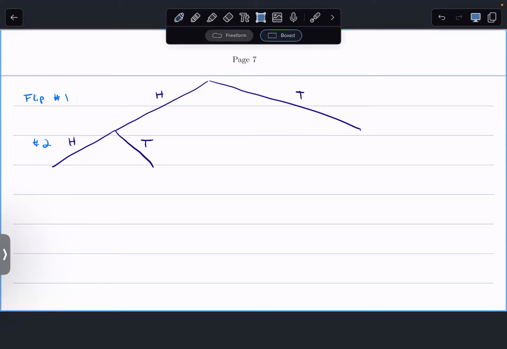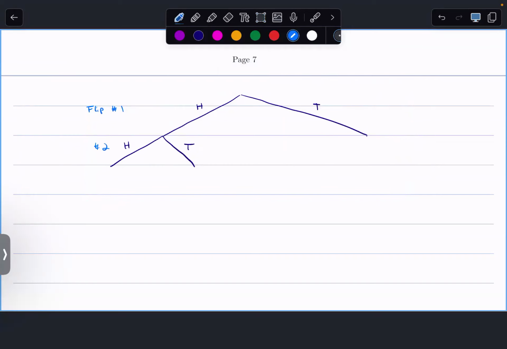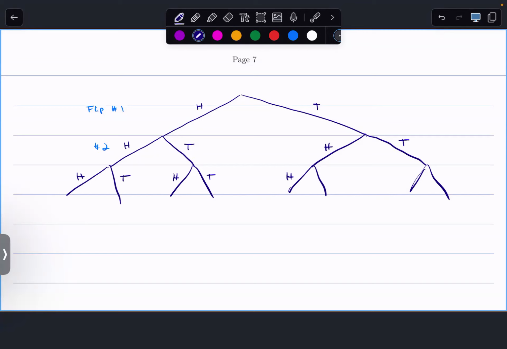I guess I shouldn't have made it so lofty already. It's tricky because you need to have enough room. I'll try to use just one line for each: heads, tails, heads, tails, heads, tails, heads, tails, heads, tails. They're independent events, and so it doesn't matter what happened before. If I flip again, I can get heads or tails with the same probability. But we're not talking probability here, but I think we can all be convinced.